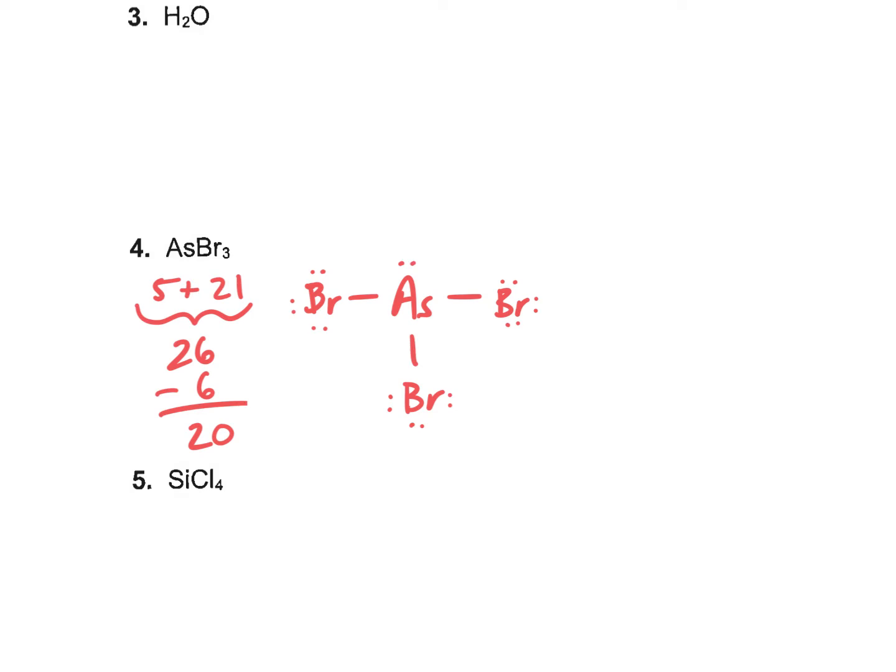We have a lone pair around the arsenic, so in fact we're going to see a trigonal pyramidal structure. And again, the bond angle is going to be less than 109.5. Okay? So very much like what nitrogen would do or phosphorus would do, arsenic is in the same family.